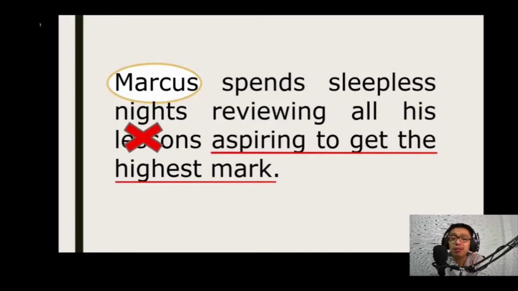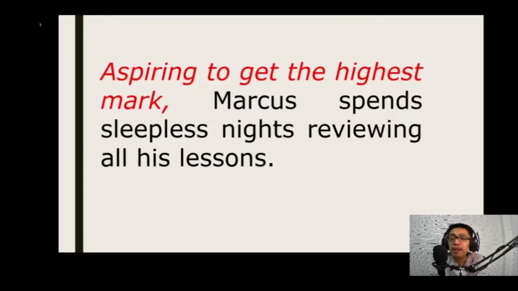Now, how are we going to correct this sentence? So we should say, aspiring to get the highest mark, comma, Marcus spends sleepless nights reviewing all his lessons. If you're going to write that way, then the modifier will become close to the word that it modifies, which is Marcus. There you go. Or there is another way actually on how to correct this.